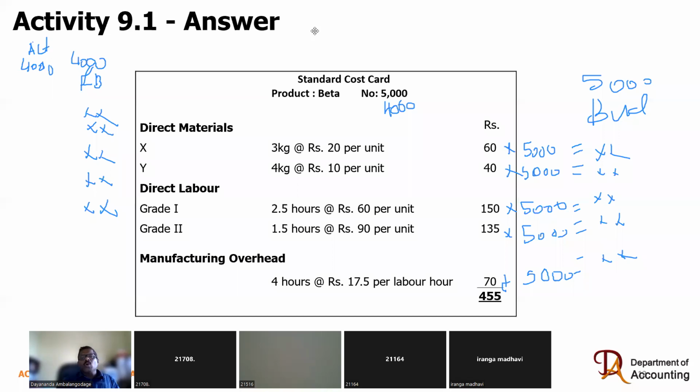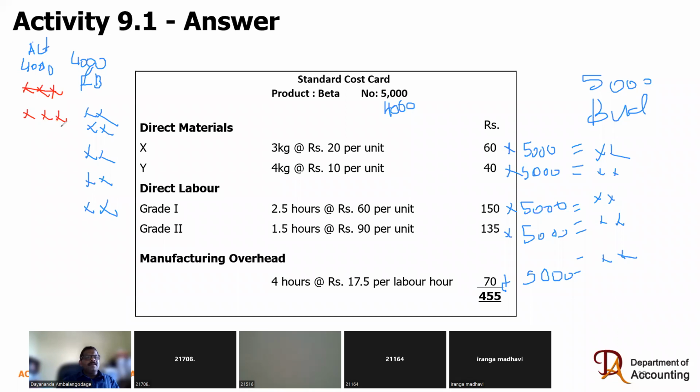But actual data, as I told you, may not be the same amount. So direct material will be a little bit more. I have put 2 here. I'm sorry, here direct material would be a little bit more. Here I put 3, and here I put 2.